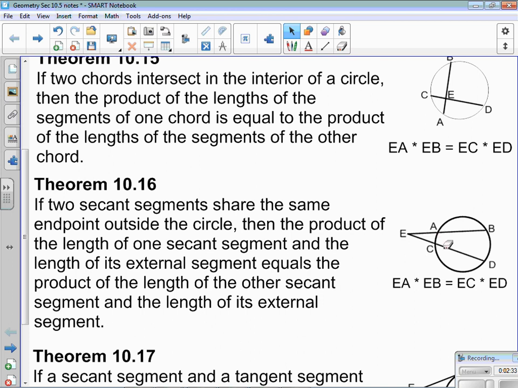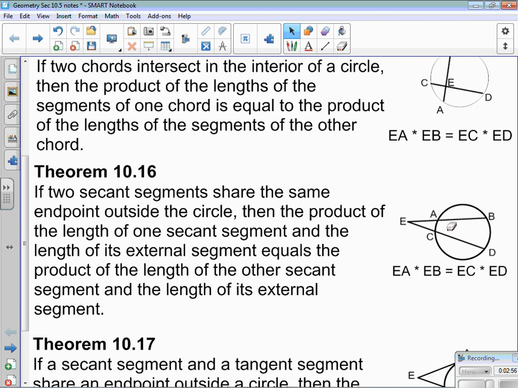The external segment times the entire secant segment is going to equal the external segment times the entire segment for the other secant. Similar to theorem 10.15 with the chords, it's just secants this time. The outside part times the whole thing should equal the outside part times the whole thing.